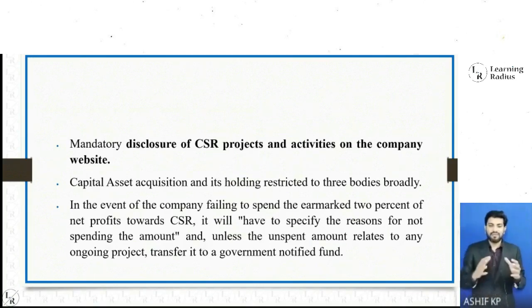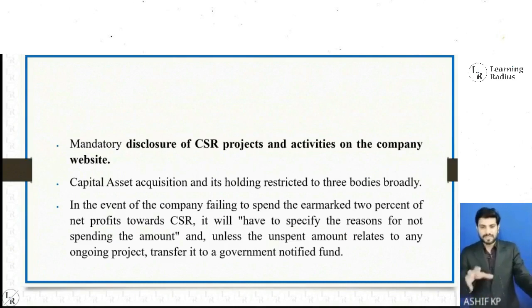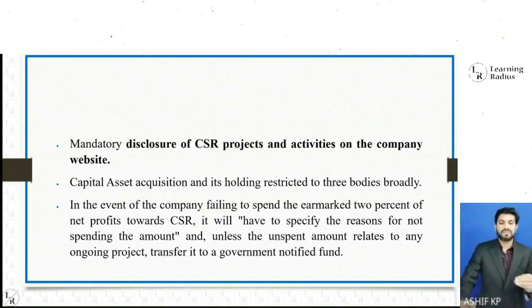In the event of the company failing to spend the earmarked 2% of net profit towards CSR, it will have to specify the reasons for not spending the amount. And unless the unspent amount relates to any ongoing project, transfer it to a government notified fund.